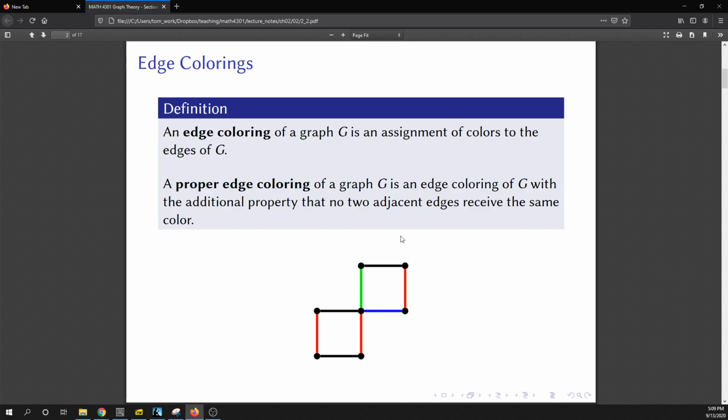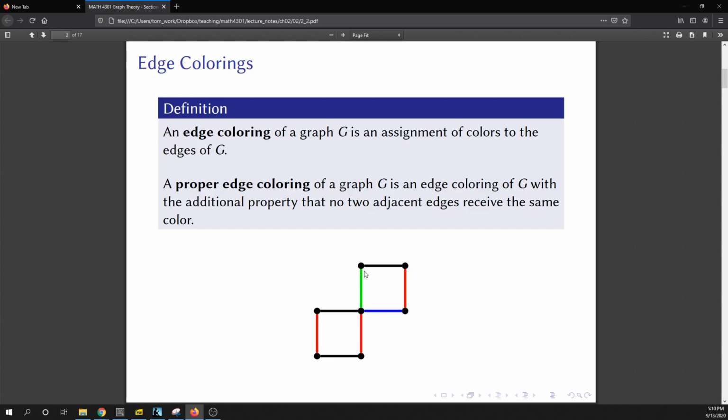So here we have a proper edge coloring of this graph. If we just go around and check every vertex, we can see this edge is adjacent to this edge through this vertex here. You can see they have different colors.